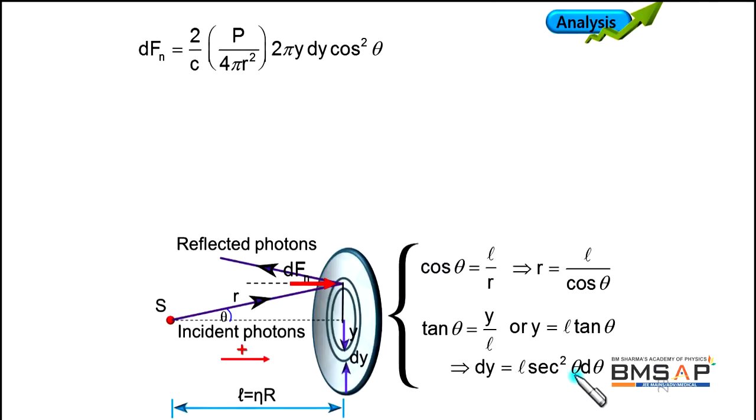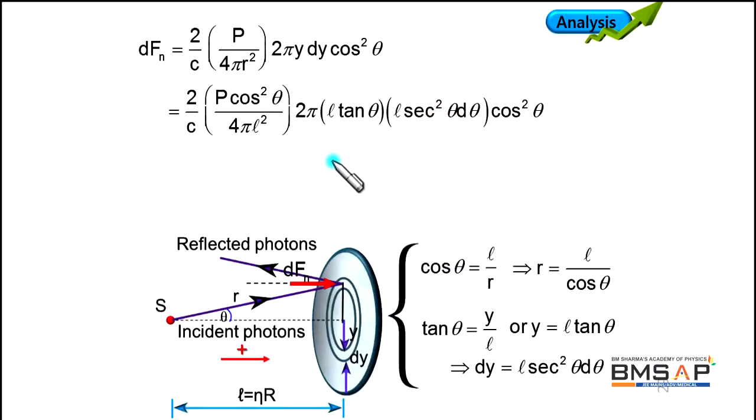Now we can substitute these values in this expression here. Now we can observe here some values may be cancelled out. This and this 4 pi will get cancelled, and here you can observe cos square theta is cancelled by sec square theta, right. This L square also gets cancelled.